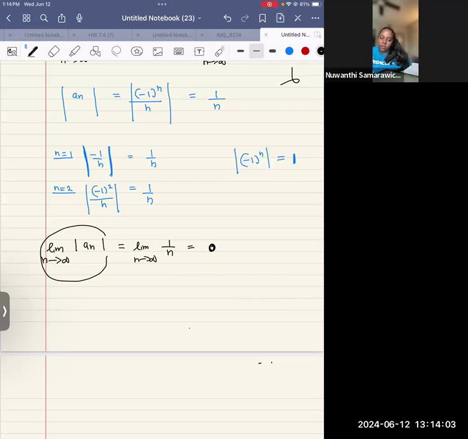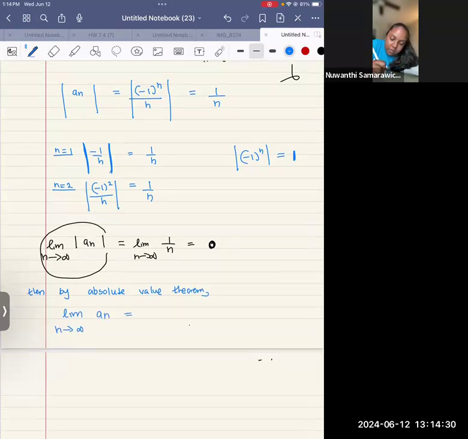Okay. We are not done yet. We showed the limit of the absolute value of a sub n as n approaches infinity is 0. Then by the absolute value theorem, we can say the limit of a sub n as n approaches infinity is equal to 0.